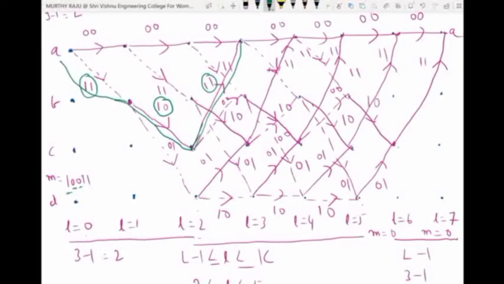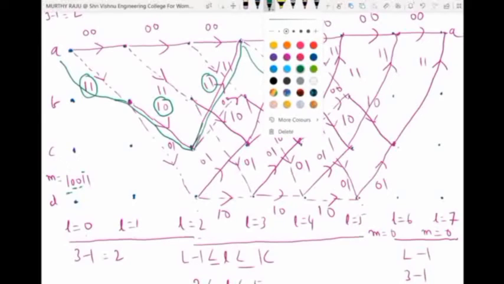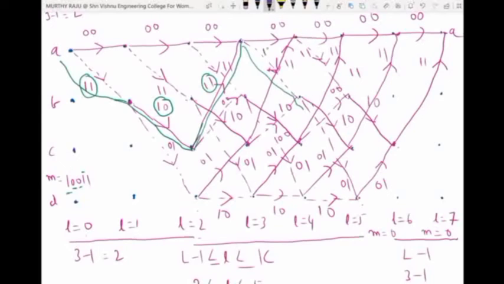You are in state A. Next input bit is 1. Input bit is 1 means it goes to C state, with output 1 1. Then from here, 1 means dashed line. 0 1 is the output.